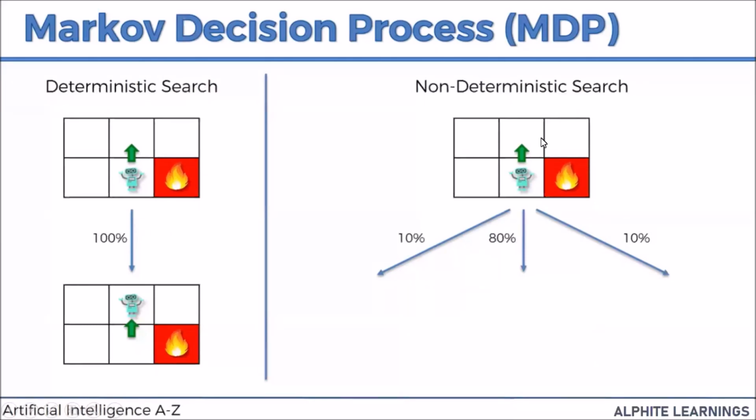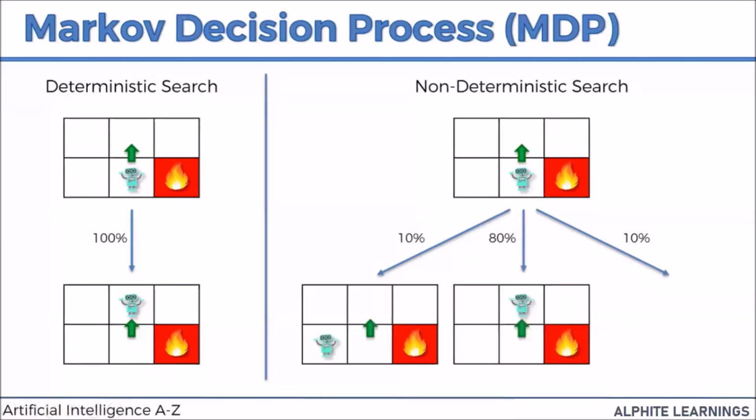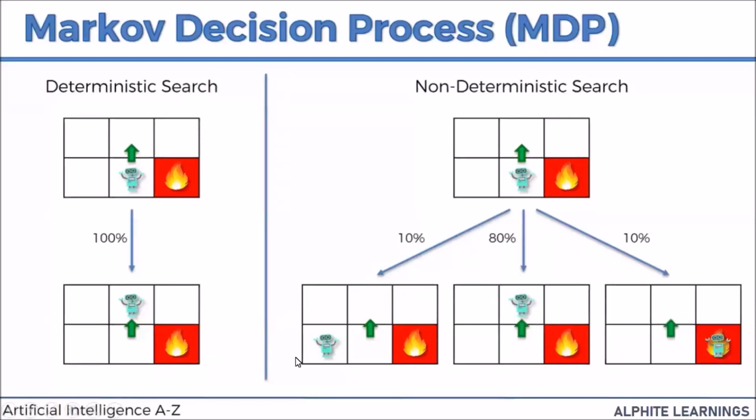Okay, so it can move up by 80%, it can move left by 10%, it can move right by 10%, and it can fall in the pit by 10%, right? So every time we cannot get a deterministic search. From a practical point of view, suppose you are assigning some robot dog, it doesn't have 100% certainty, right?